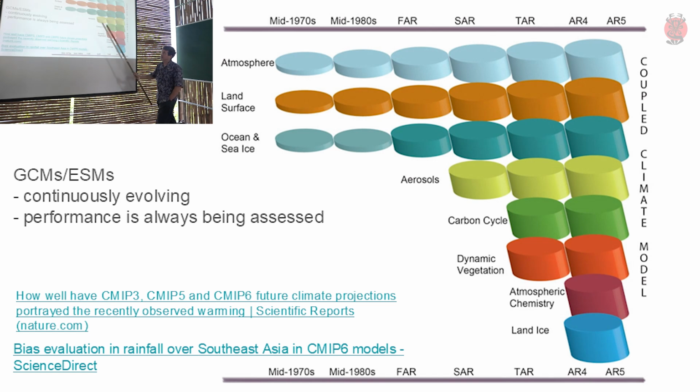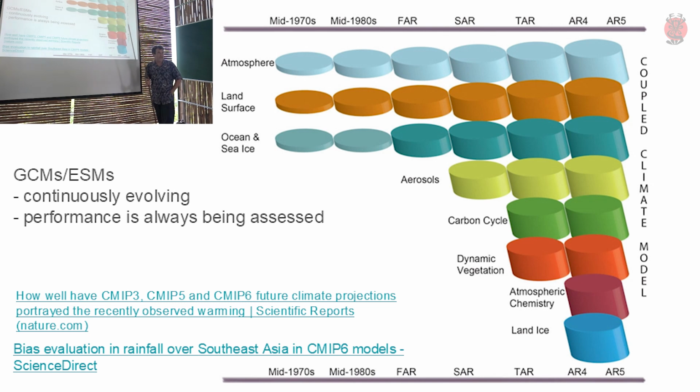So the point is, the models are continuously evolving. As soon as our science improves, the model is updated. So if we start to have a better understanding about how El Nino is going to be impacted by climate change, that will be put in the model.